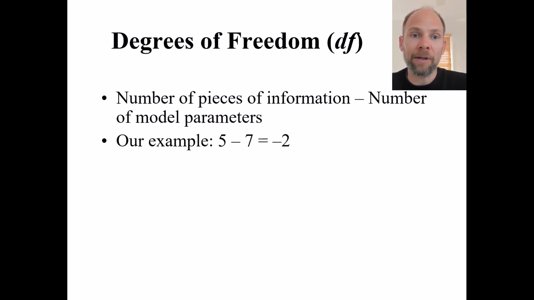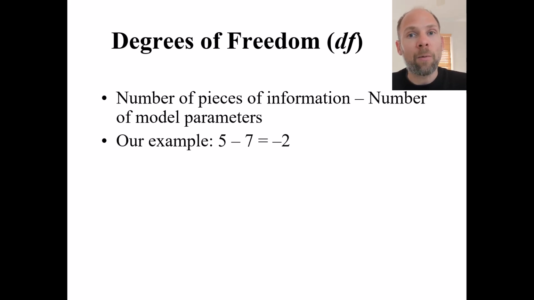In our example, we have 5 pieces of information and 7 free model parameters, so our degrees of freedom are -2. And that is not good. That already tells us this model is under-identified. Those 7 parameters cannot all be identified. We don't have enough information.